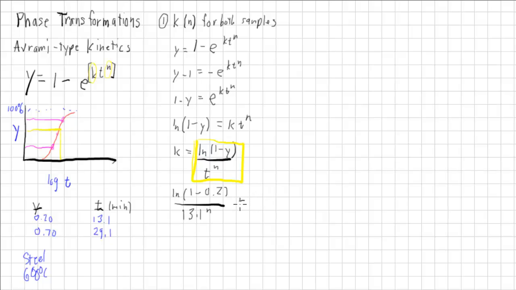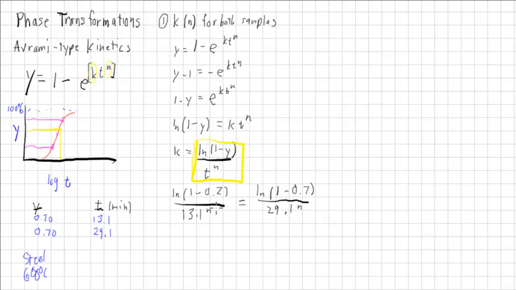And that's going to equal the natural log of 1 minus 0.7 all over 29.1 minutes to the n.